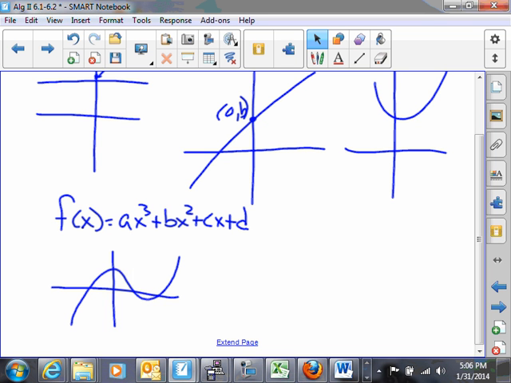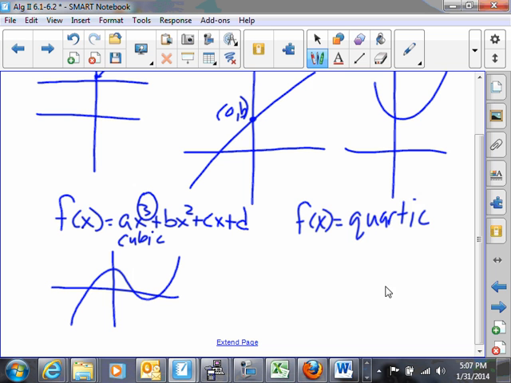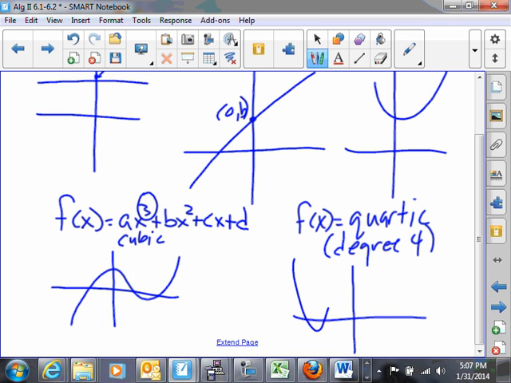Now, we'll be talking about end behavior. They're not always going to be down on the left and up on the right if they're cubic functions, but we'll get to that. By the way, this is a cubic function because the degree is 3. Now, if f of x is a quartic function, that's degree 4, then our graph is going to go down and up and down and back up.